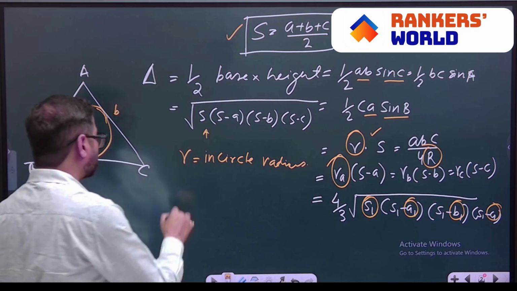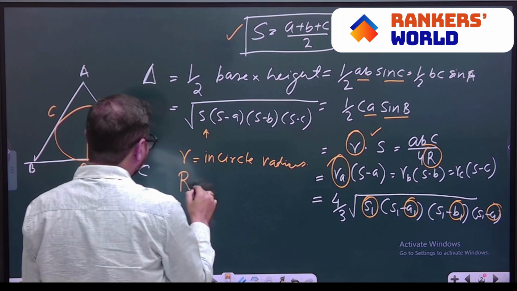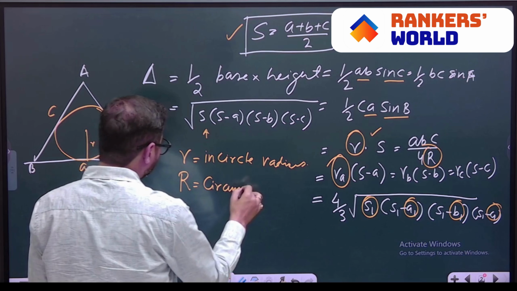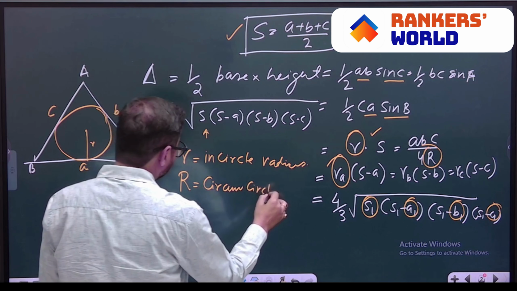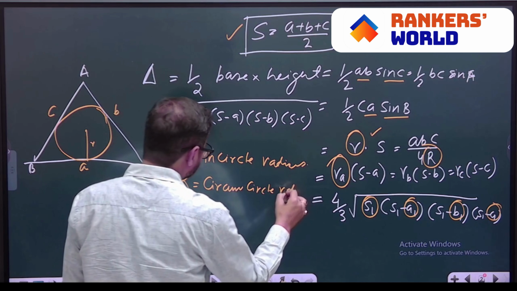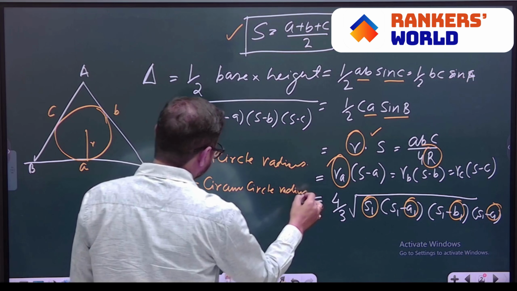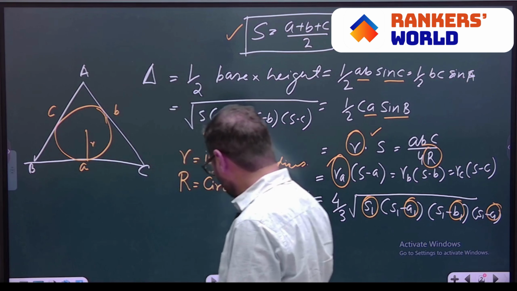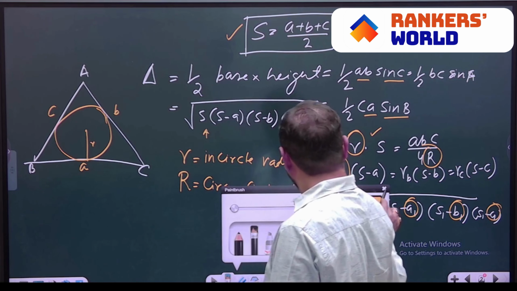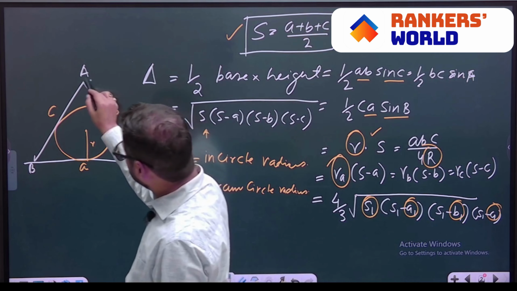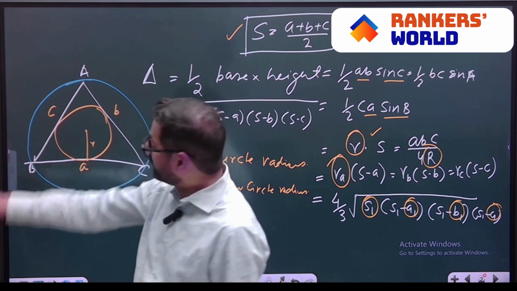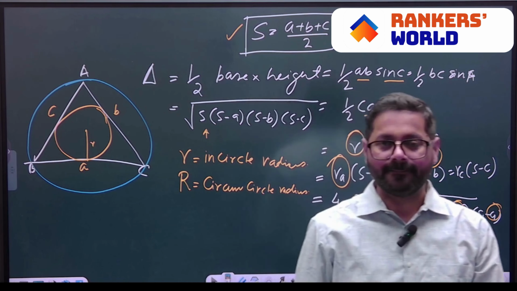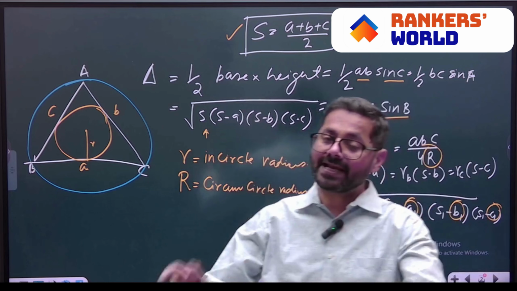Okay, what is capital R? Capital R is called the circumcircle radius. When you draw a circumcircle, it means when I circumscribe the triangle, I have a bigger circle inside which the triangle fits.